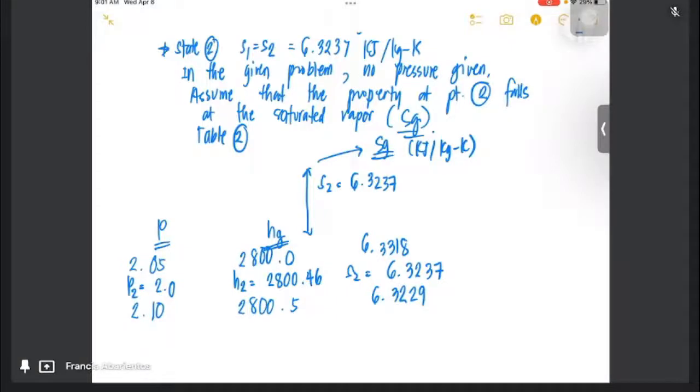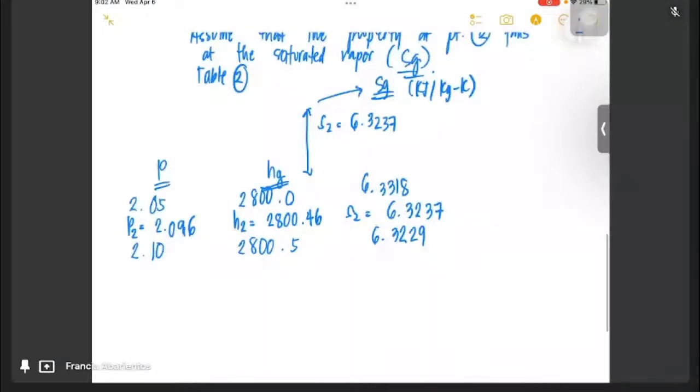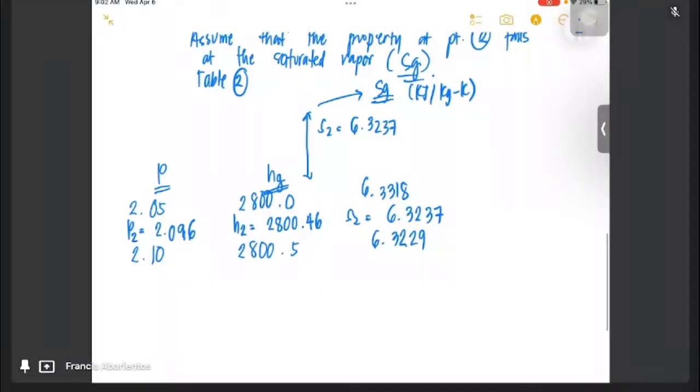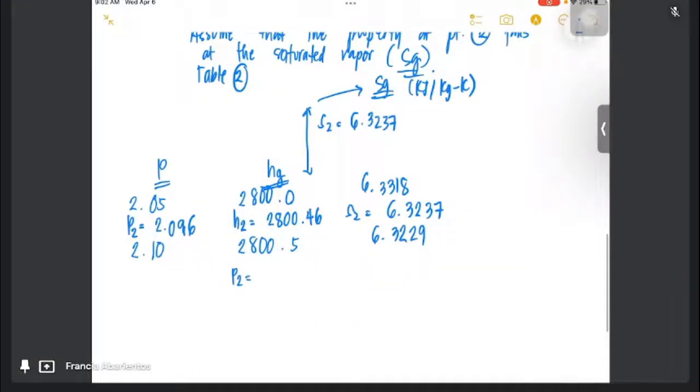2.0955. So, we make use of 2 decimals. Automatically, 2 point. Gamitin lang natin tong 3 decimal. Approximately, this is now your pressure in MPa.